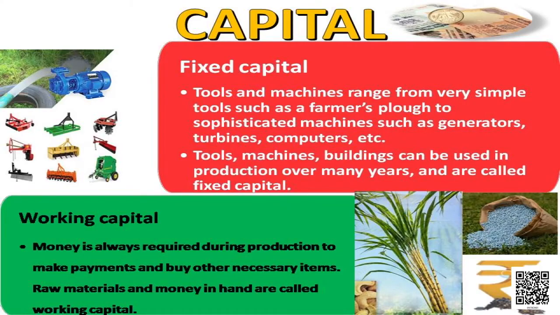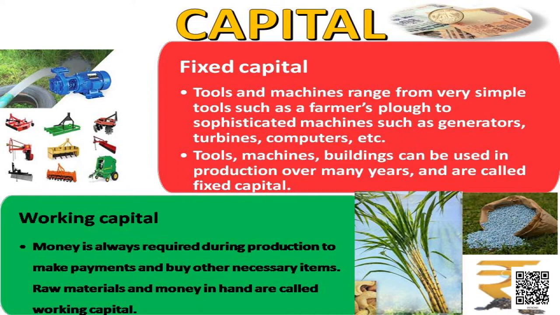See, the definition of fixed capital I have given here along with some pictorial form. Tools and machines range from very simple tools such as a farmer's plow to sophisticated machines such as generators, turbines, computers, etc. These all come under your fixed capital.